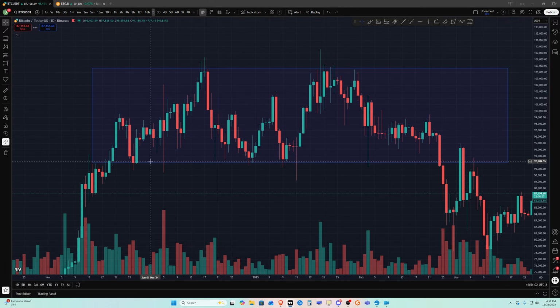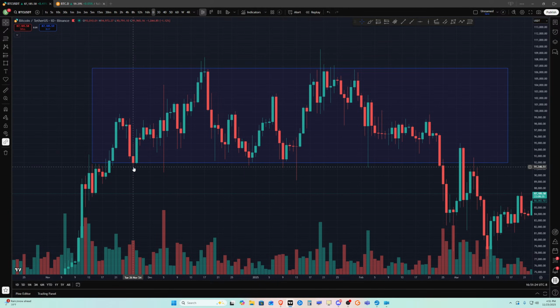When you're choosing these supports and resistances for a range like this, closes are important, but you also want to capture as many points of interest as possible.